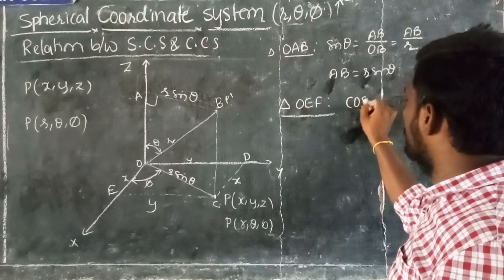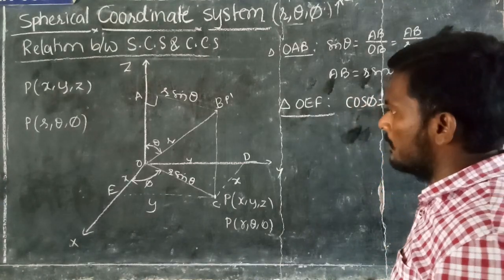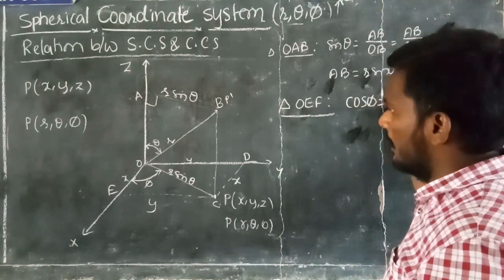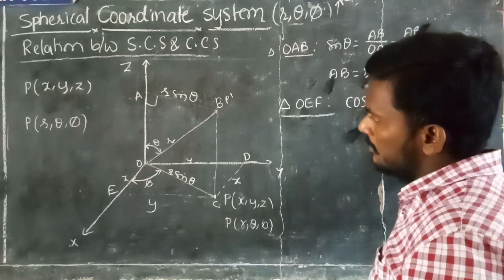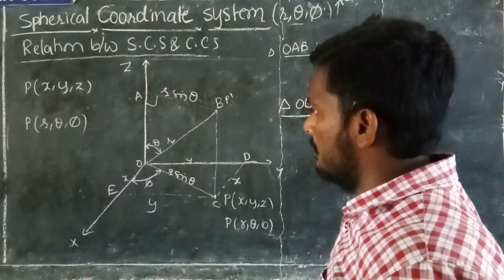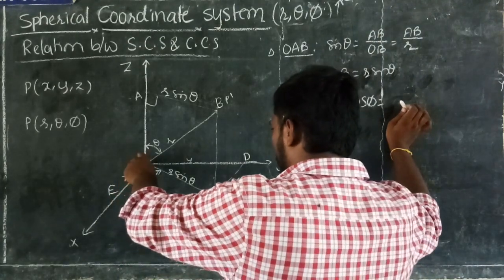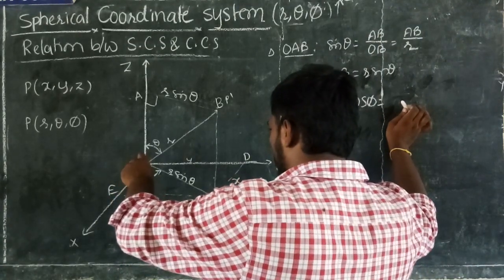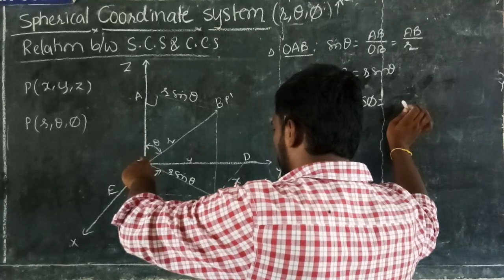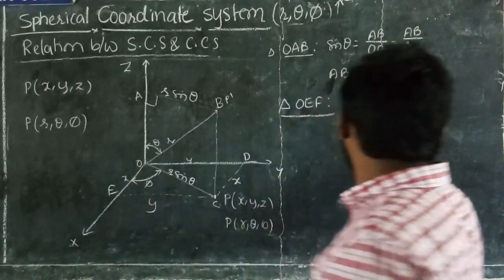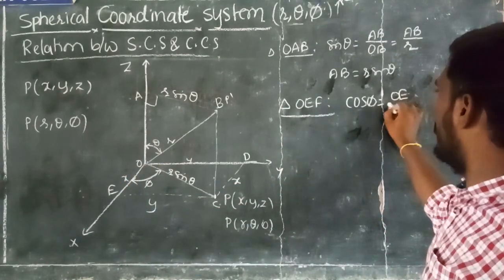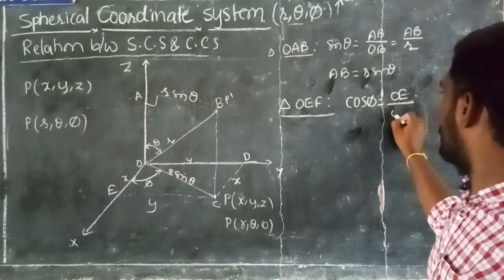Cos phi is equal to the adjacent side OE by the hypotenuse OC.